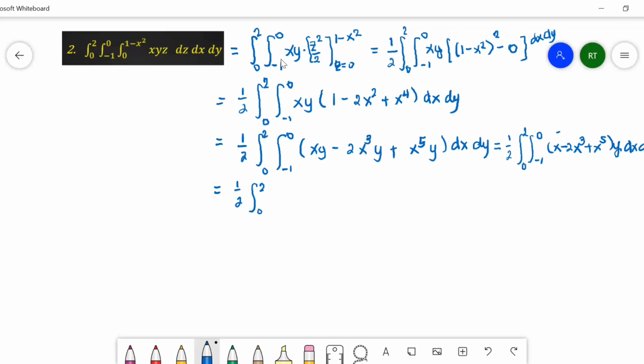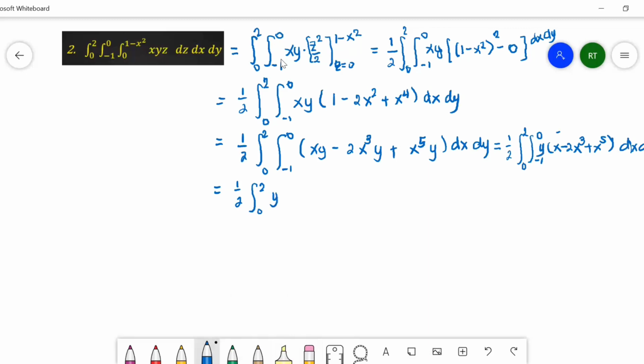Now please take note also that when we evaluate in x, y is temporarily held as constant. So we can just write y before, and this is dx dy.